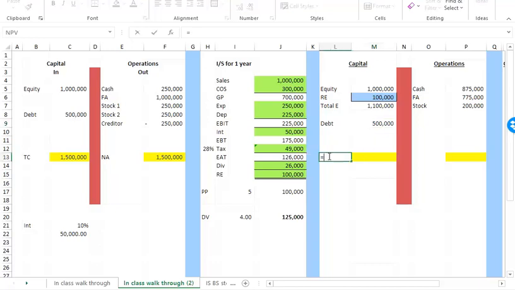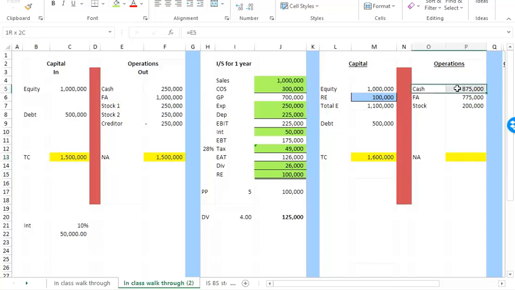So on the total capital side of the balance sheet, we can now say we have equity plus debt, and there is our total capital number. Now hopefully in a moment when we do our calculations on this side, we are going to get our net assets to be 1.6 million as well.